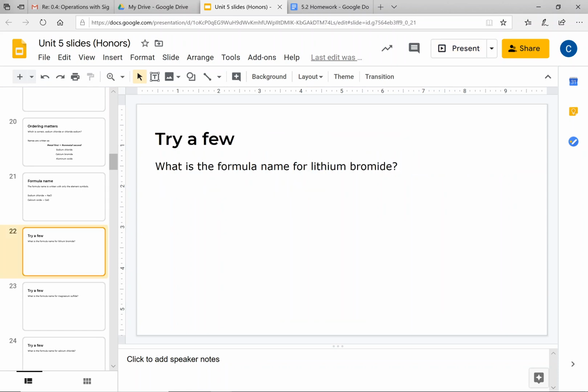Lithium bromide, right? And what is the formula for lithium bromide? Now, I'm going to take an extra step here that I think will be helpful in a minute. It's probably not going to be helpful now, but I think it will be helpful in a minute.